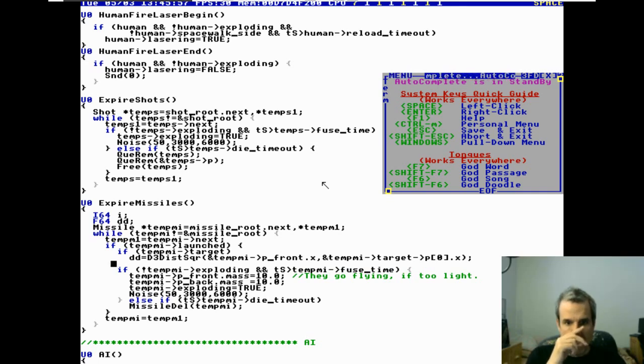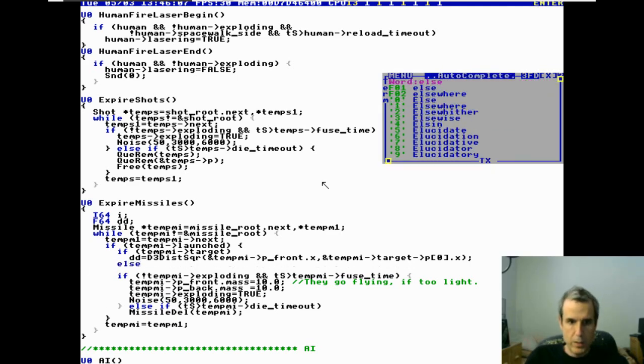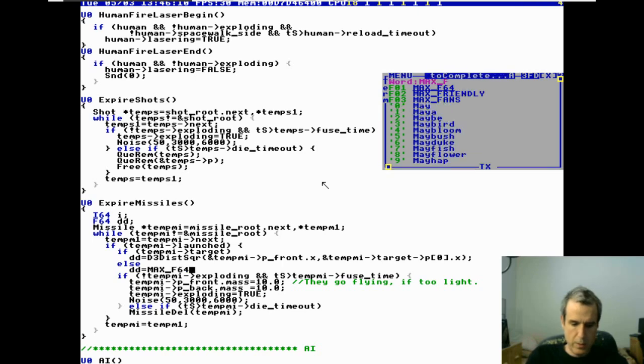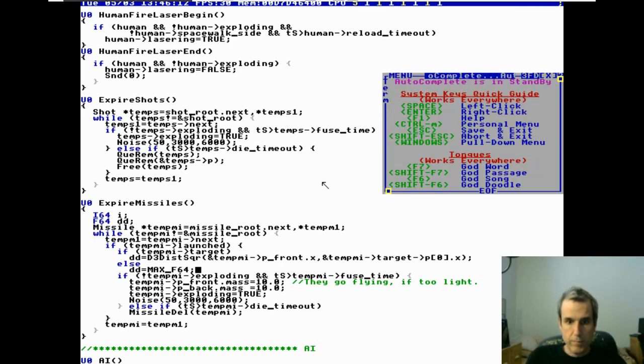If not exploding equals true. Else D equals 64.